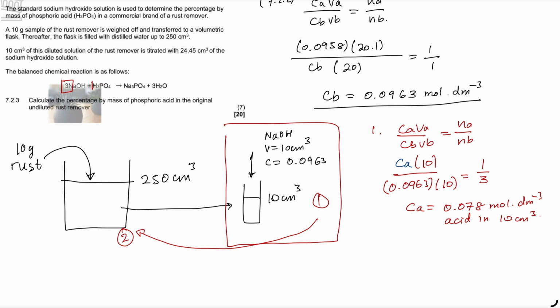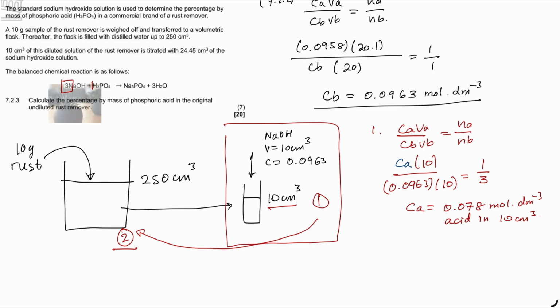Now the important bit to understand is that the concentration in the first part, so in this 10 cm cubed, is going to be the same as the concentration in the second part. The reason is because we have simply removed some solution and poured it into another container.